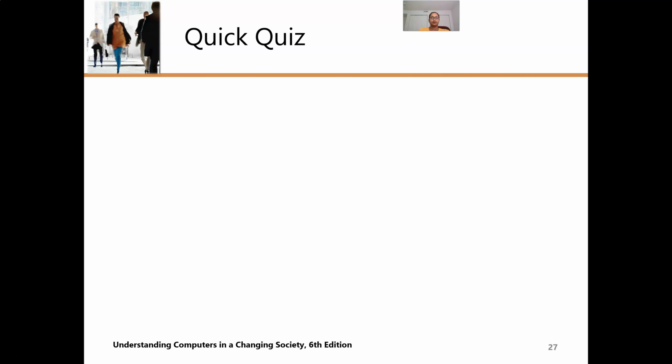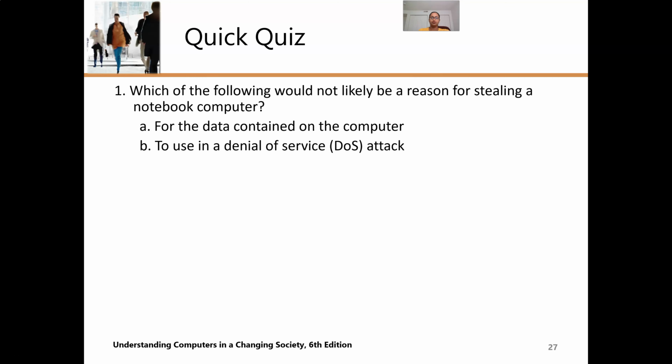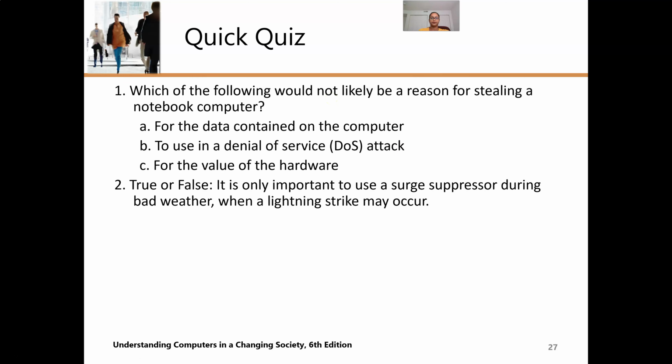It's time for a quiz now. Which of the following would not likely be a reason for stealing a computer notebook? Is it just for the data contained on the computer, or is it to use for a denial of service attack, or for the value of the computer? Please note, this is not likely to be a reason for stealing a computer.